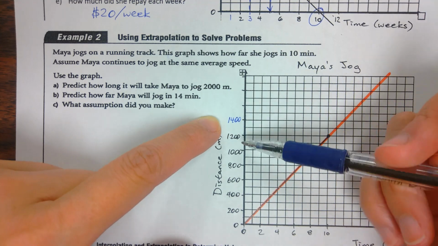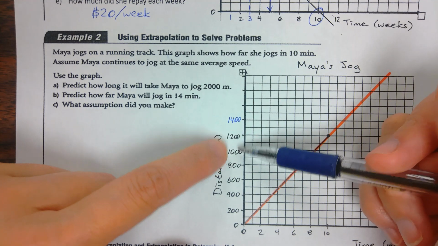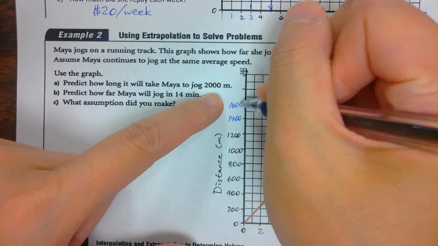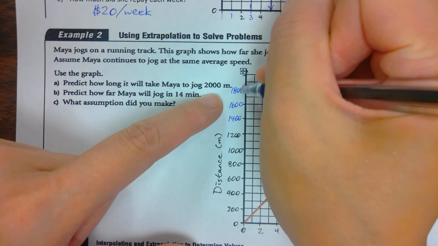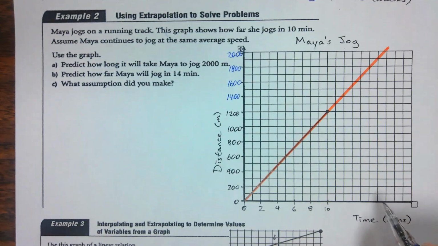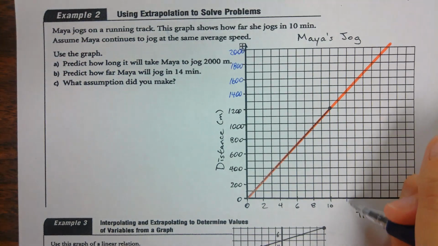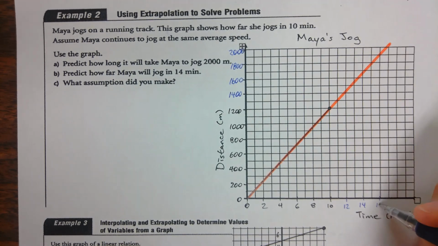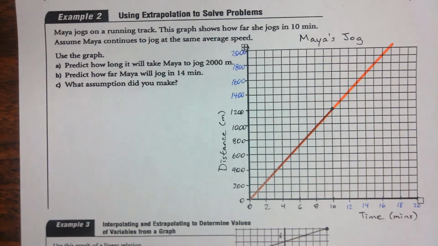You can't create your own scale. So 1,000, 1,200, 1,400, 1,600, 1,800, and then 2,000 up here. Same thing for your x-axis. You have to continue the pattern. So 12, 14, 16, 18, 20.